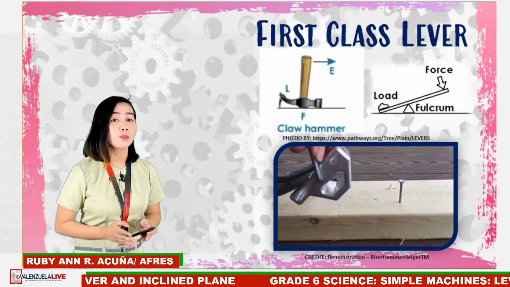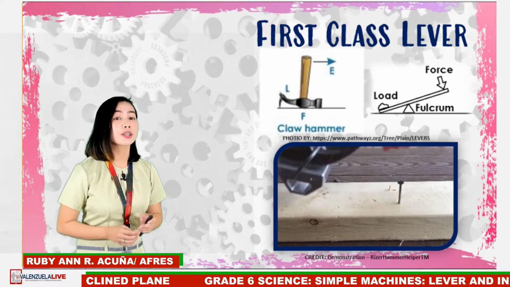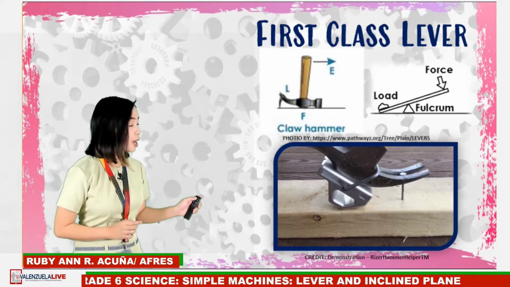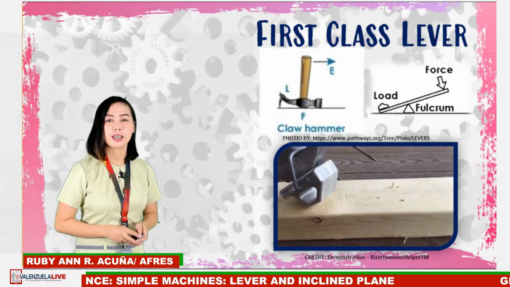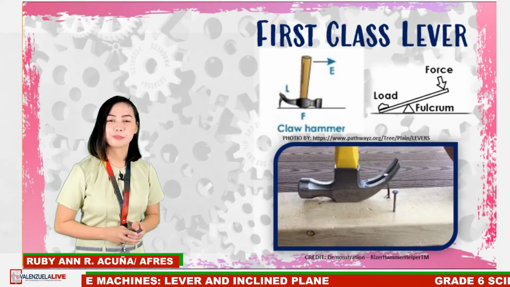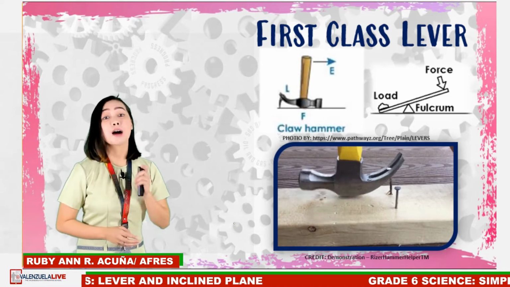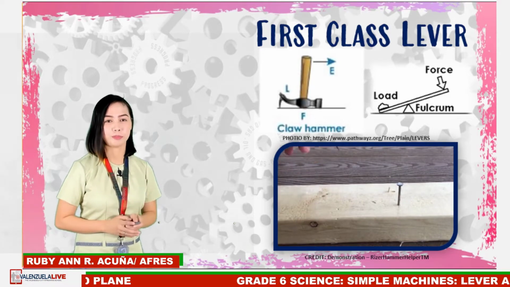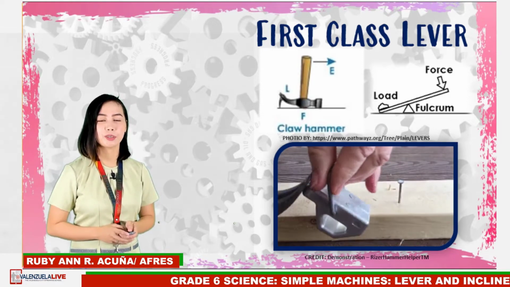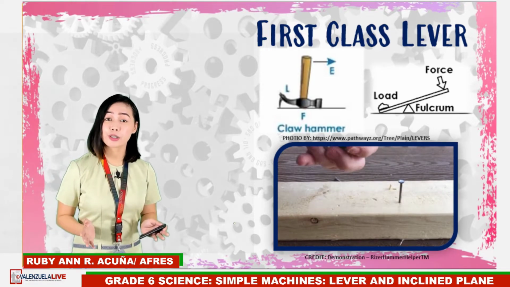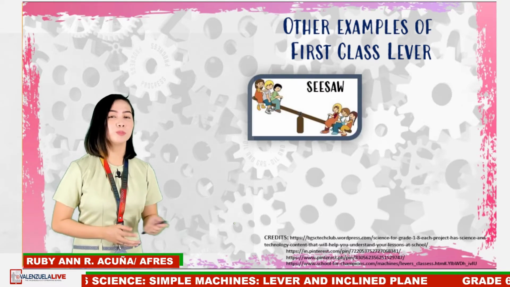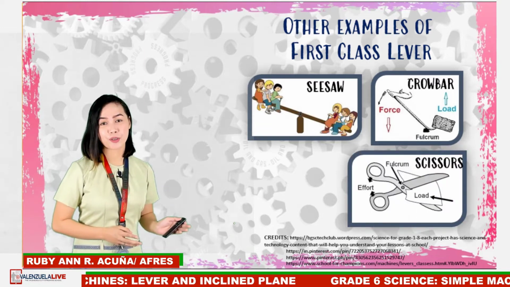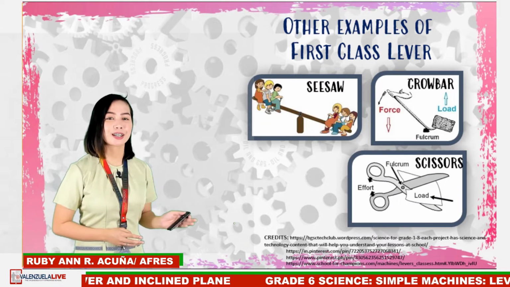The fulcrum, which is the place where the head of the hammer and the surface of the wood meet, is at the middle. And the effort applied is at the handle of the hammer. So other examples of first class levers are seesaw, crowbar, pair of scissors, and pliers.